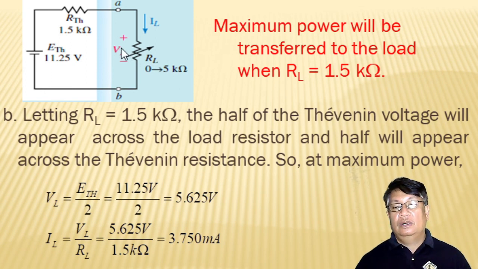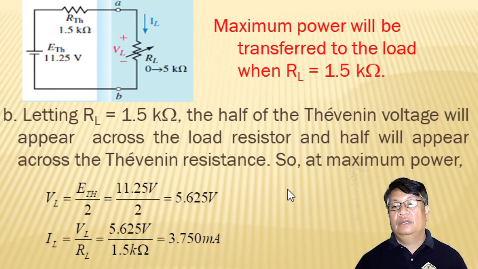According to the definition of the maximum power transfer, we will be assured that the power transferred in the load is maximum if the load resistance is equal to the Thevenin resistance. And since our Thevenin resistance is 1.5 kilo ohms, therefore our load resistance is 1.5 kilo ohms.